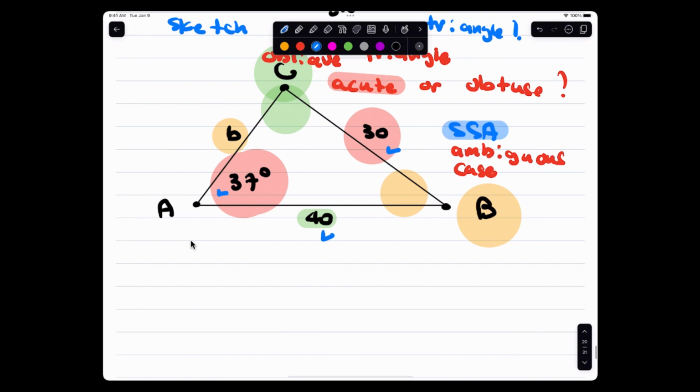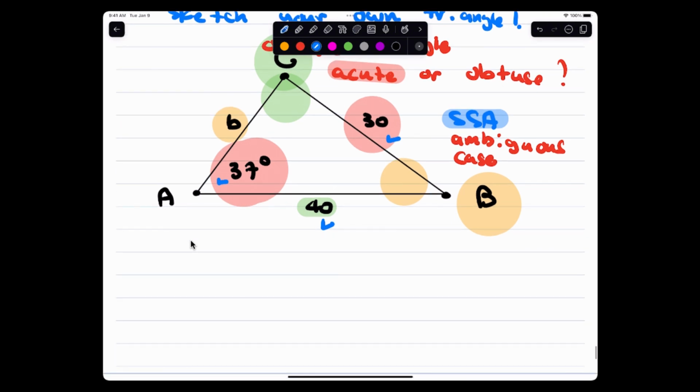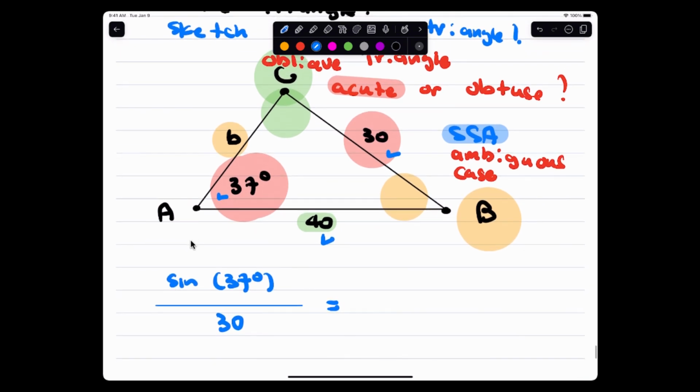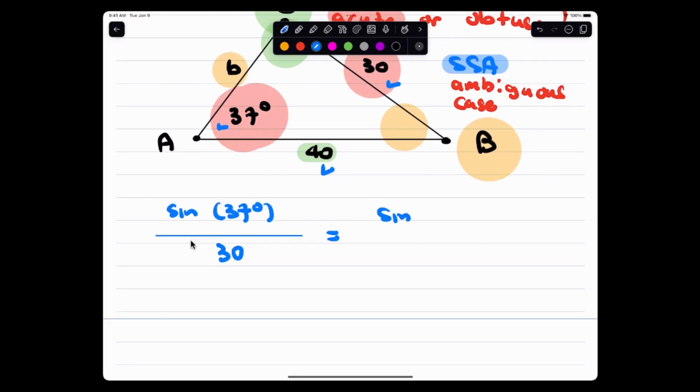So remember how you guys start. How do you guys start the process? We're going to say sine 37 degrees over 30, equals sine C now over 40.